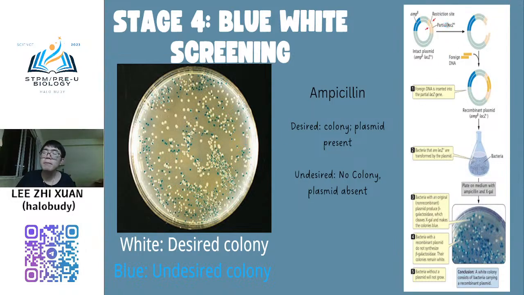So LacZ gene present meaning plasmid ni adalah original punya. Memang tak ada recombinant. So kami tak mau, kami nak putih punya. So putih is the cells that already contain recombinant plasmid. Yang biru punya kami tak ambil. Kami hanya ambil yang white colony.